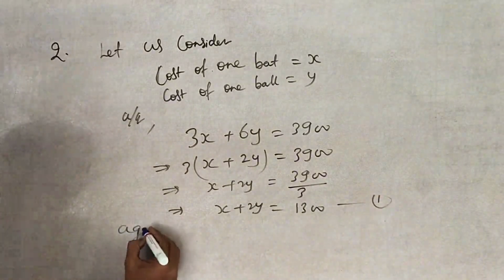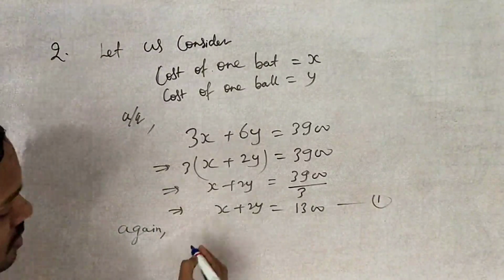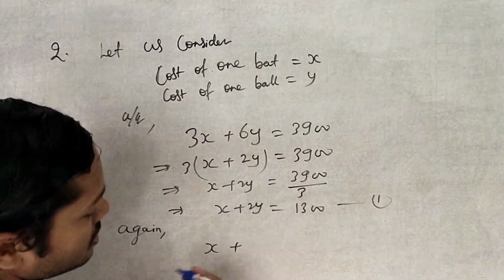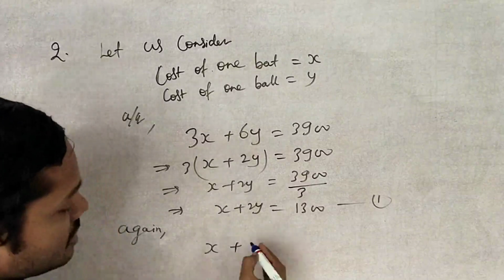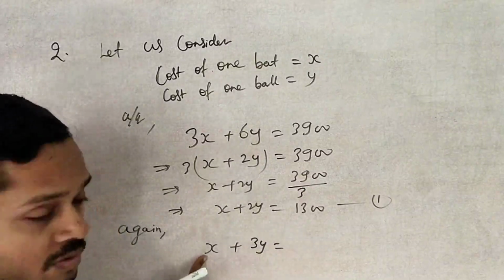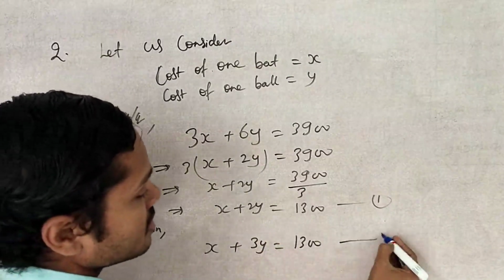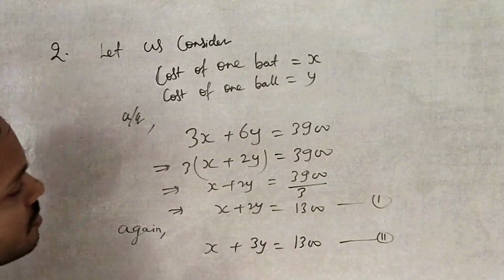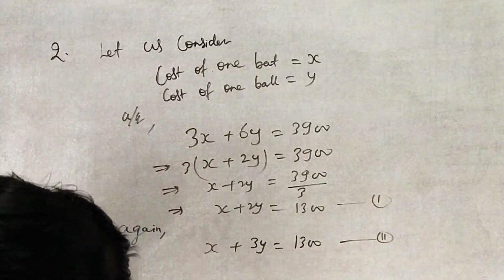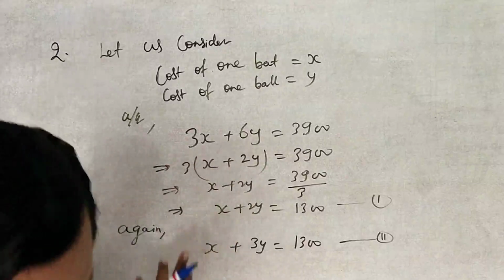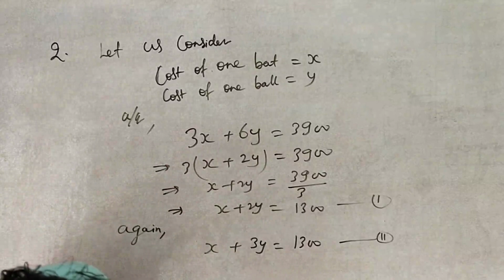Again, the question means another topic. Buy one more bat and 3 more balls, which is equal to 1,300. Look at here, wait one minute. 3 times: 3 bats, 6 balls.